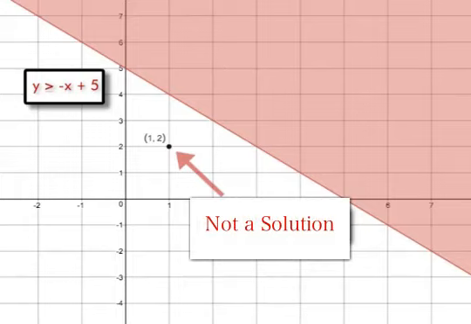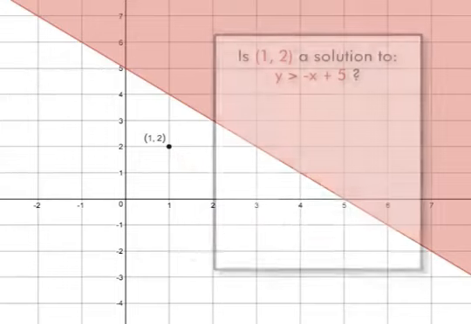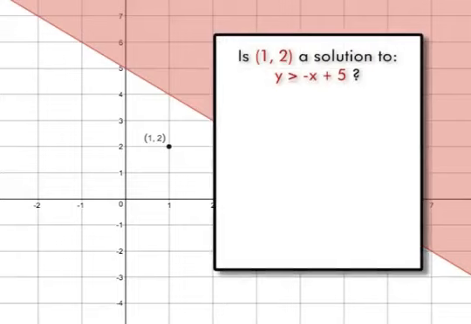However, we can also do this if we don't have the graph. So just taking the inequality y is greater than or equal to negative x plus 5, what I can do is substitute those x and y values in and see if it creates a true statement. So in my expression, where y is, I replace it with a 2.